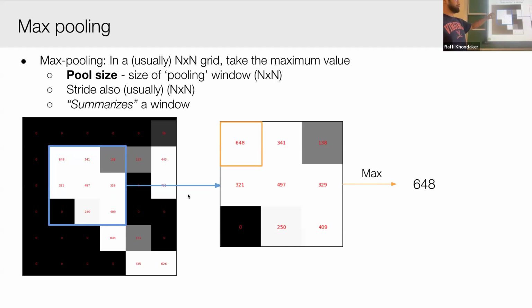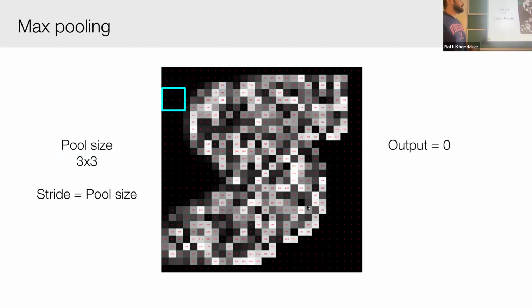We're taking windows and trying to condense them into a smaller representation. One note in terms of implementation: if your window isn't entirely divisible by the length or height, like you have this little strip hanging off, you just chop it off, right? We just ignore that strip.